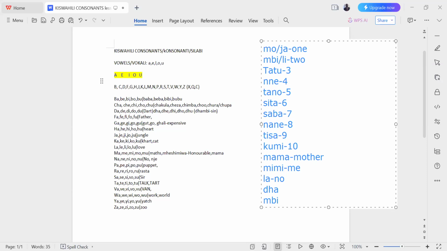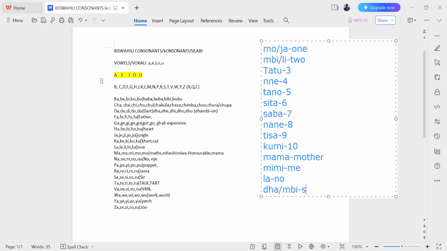So if you combine these two syllables, the dha and the mbi, you bring them to form a word. So it's called dhambi. When you put these two syllables together into a word, you produce a word meaning sin. Dhambi. Yeah. So I think that's very important so that you understand the structure of some words.